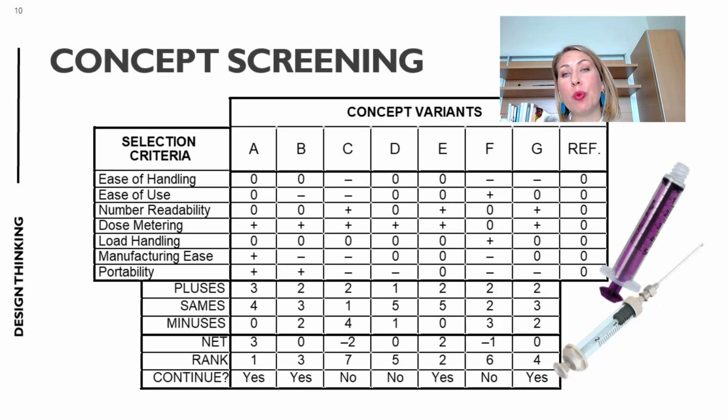So to decide which concepts you want to move forward with, you simply sum the concepts and then rank them from largest to smallest, with the number 1 concept receiving the most pluses, right? And the last step is to decide whether or not you want to continue evaluating this concept as a potential contender.